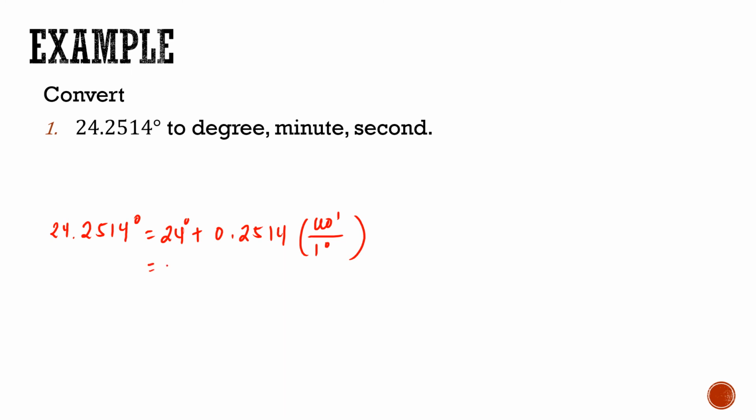So this will become 24 degrees plus 0.2514 multiplied by 60 minutes, which gives us a product of 15.084 minutes. So we can now write this as 24 degrees plus 15 minutes plus 0.084 minutes.